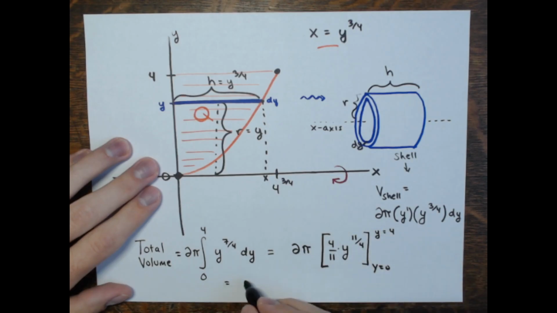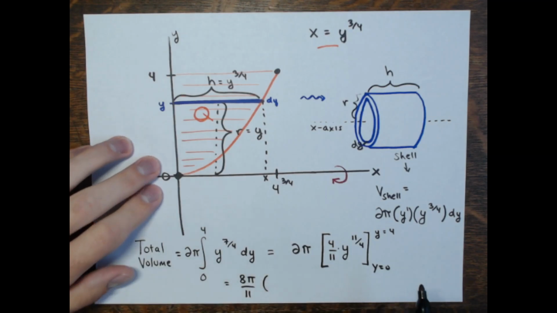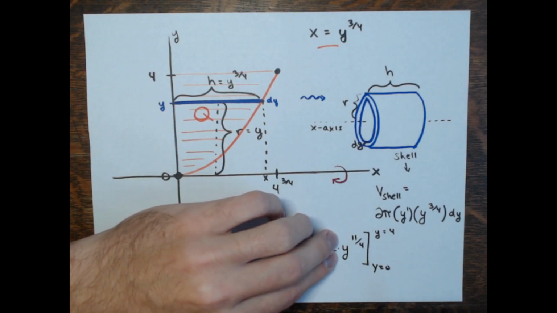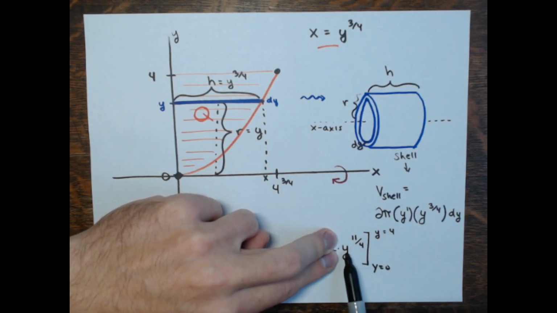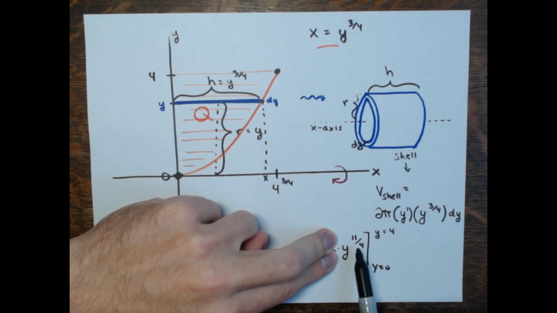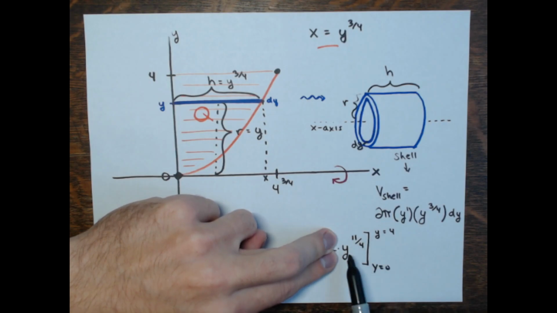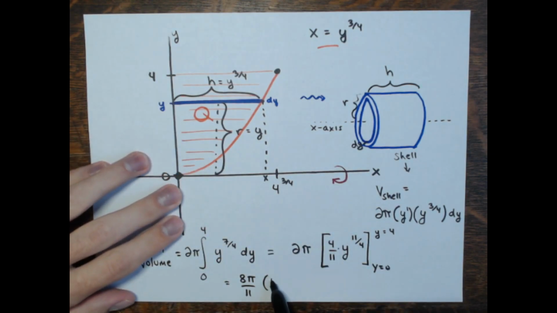Pull out the 4/11, that's 8 pi over 11 multiplied by, and again, I pulled out the 4/11, so I'm going to cover that up. And then I would just have 4 to the 11/4 minus 0 to the 11/4. So just 4 to the 11/4. And this should be good.